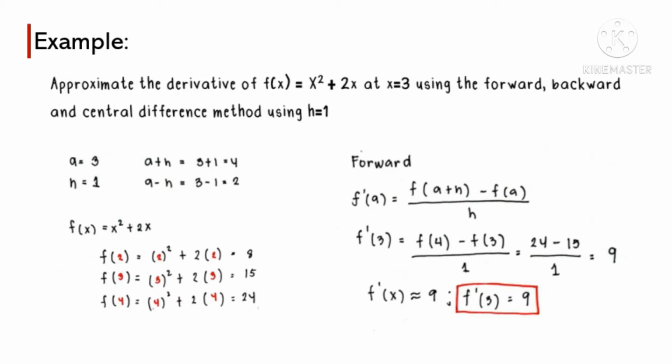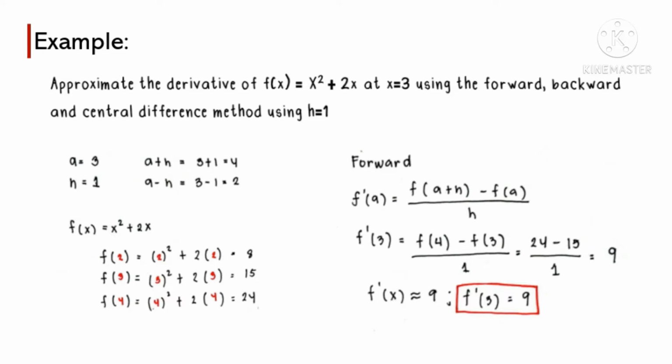So f of 2 equals 2 squared plus 2 times 2 equals 8. Next is f of 3, 3 squared plus 2 times 3 equals 15. And f of 4 equals 4 squared plus 2 times 4 equals 24.